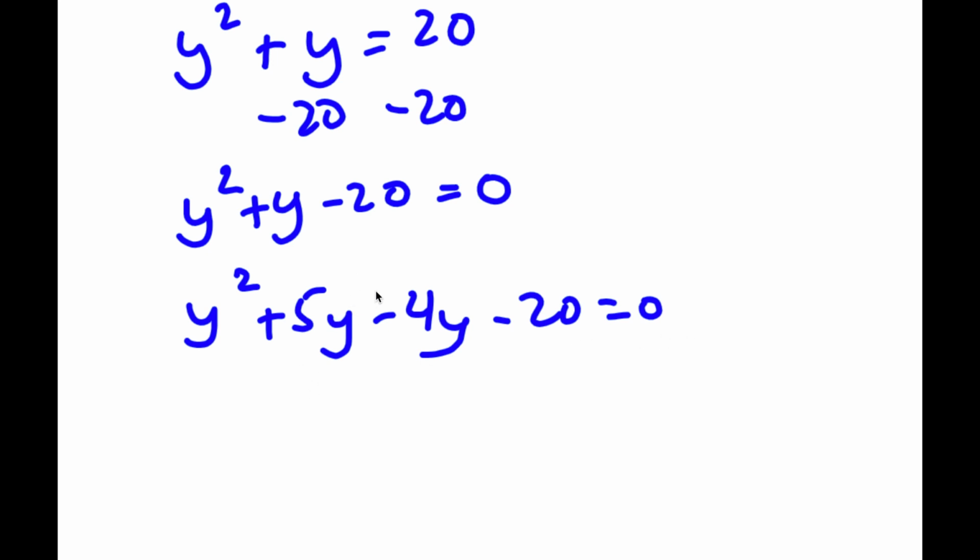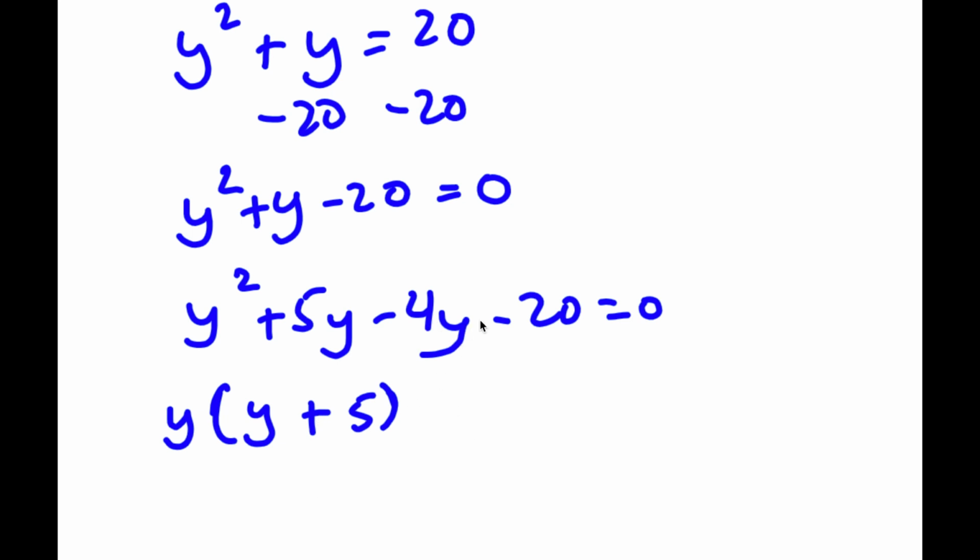And now I'm going to group individually, starting with y squared plus 5y, and then negative 4y minus 20. For y squared plus 5y, the greatest common factor is simply y. So if I factor out y from y squared plus 5y, I get y times, now y squared divided by y is simply y, plus 5y divided by y is 5.